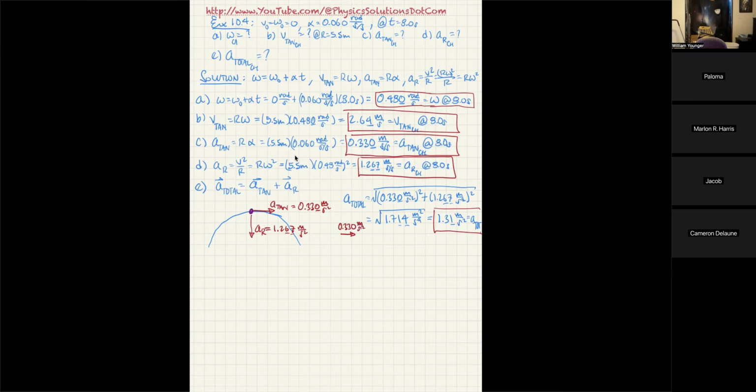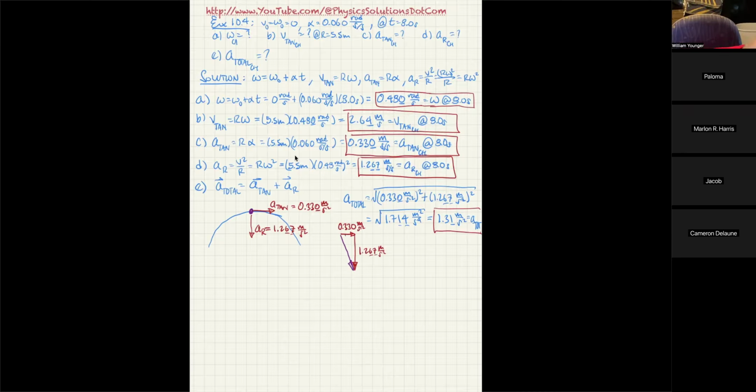And then the other one is almost four times as long. So we're going to say it's roughly like this. And that's actually still a little bit short, but somewhere around there, that's going to be 1.267 meters per second squared.